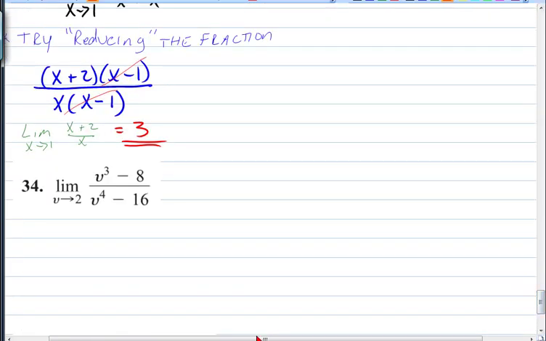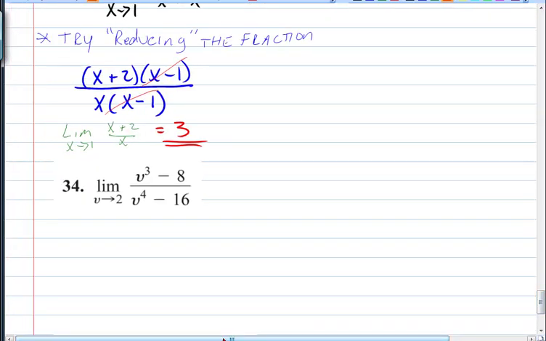All right, number 34. We have the limit as v approaches 2 of v cubed minus 8 over v to the 4th minus 16. When we plug in a 2 here, 2 to the 4th is 16, and 16 minus 16 is 0. That means that we should try to factor, right? The numerator here is going to be the difference of 2 cubes.